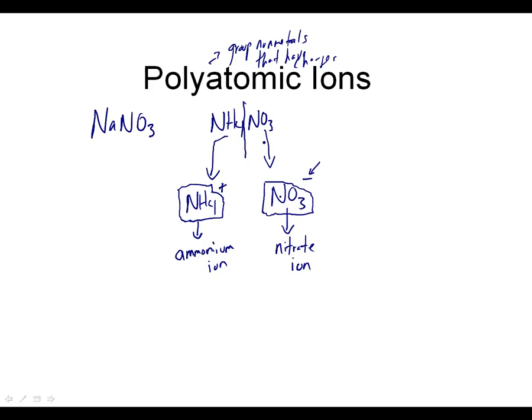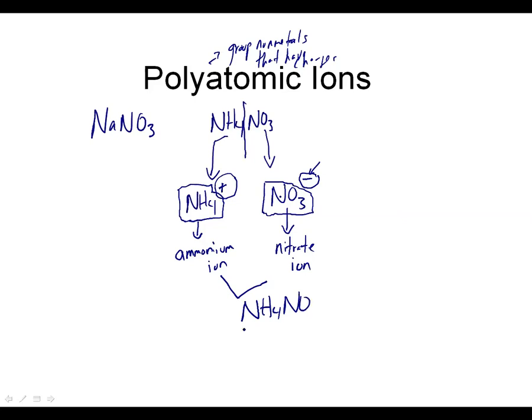So when we look at something like this, we are still putting together really like an ionic compound. So the charge on this NH4 is +1, charge on this NO3 is -1. So again, when we put it together, we want it to equal 0. And that means we just need one of each of those, which again is how we get to the formula that we see over there.